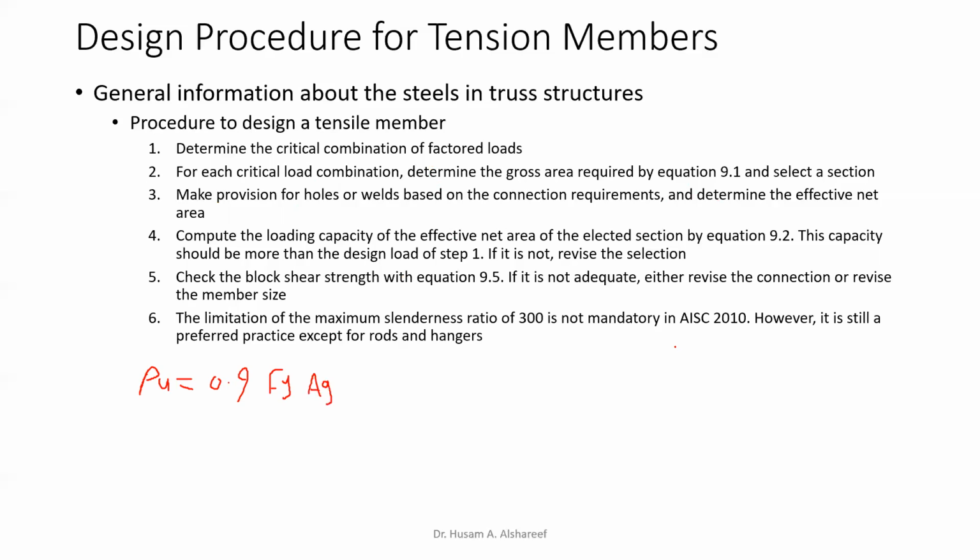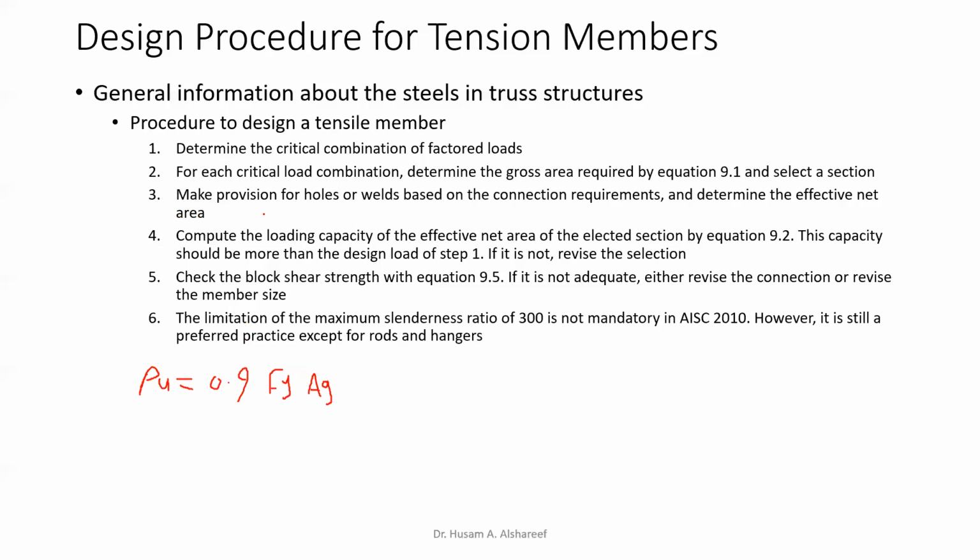So they want you to determine the gross area according to this equation, which is the yielding in the gross section area due to tension, right? Remember the two modes of failure? This is the first one.